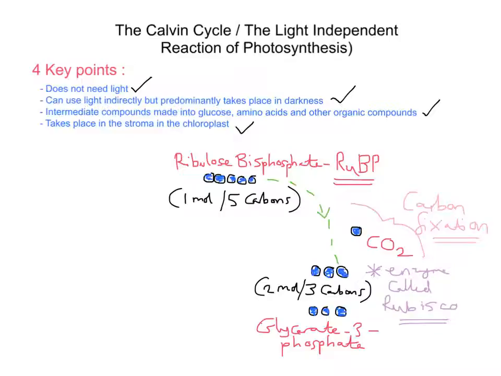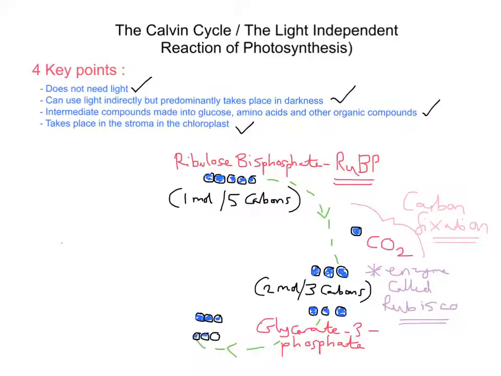Now, this is where things turn a little interesting, because from that, if we continue this process, we have the formation of another molecule, but this time something slightly different, and we produce 2 molecules of it. So it looks very similar. We've got 2 lots of a 3-carbon molecule.